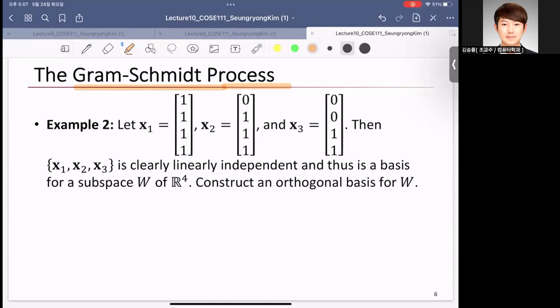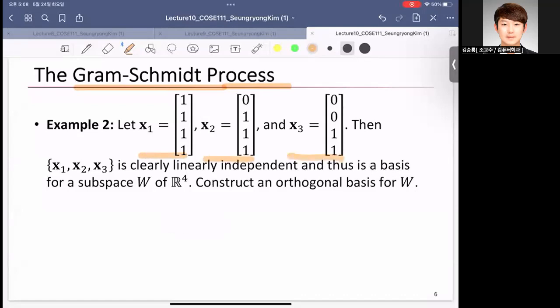Right. Today, let's move to the more advanced, I mean, the more difficult one. Let's suppose that we have 3 vectors in our space. Vector x1 is (1, 1, 1, 1). x2 is (0, 1, 1, 1). x3 is (0, 0, 1, 1).